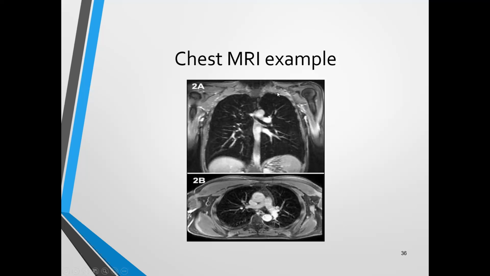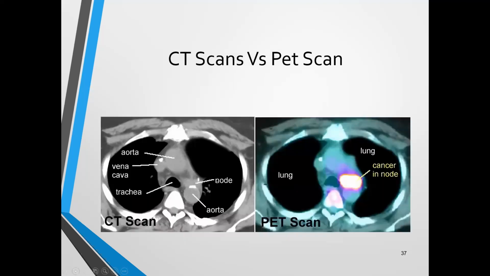So in degree of detail, there's no comparison between an MRI versus a CAT scan or certainly an X-ray. The thing is, with MRI, the kid has to hold still, it's an enclosed area. It's more expensive. It's more involved than some of the other imaging that we're describing here.